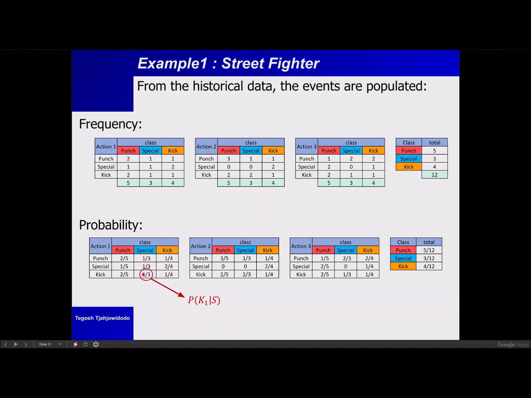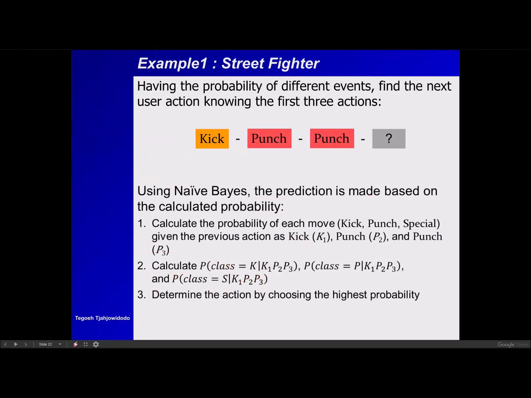Okay, let's now go to the problem that we want to solve. We want to estimate what the fourth action will be, knowing that the first action is kick, second action is punch, third action is punch.